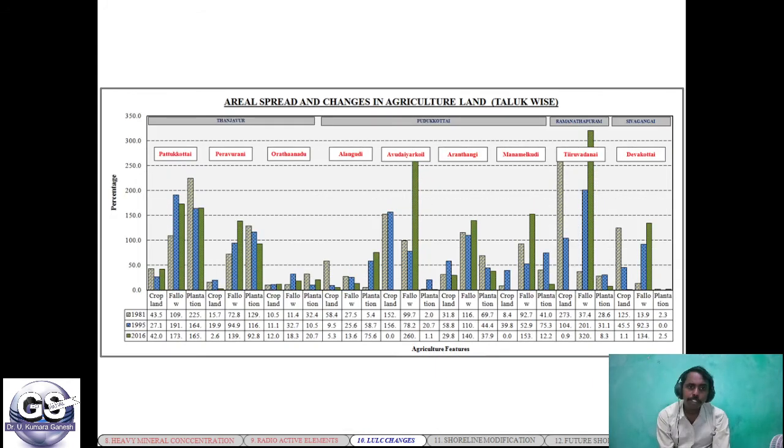This graph also displays the areal spread, the taluk-wise distribution of the three features in the study area. It shows that Tiruvadane and Avudiyar taluks had the major modification, with a major increase of fallow land.